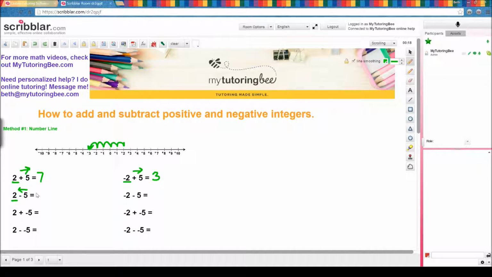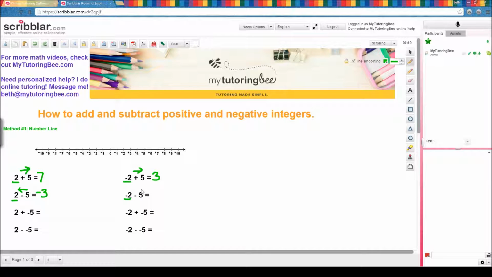And normally I tell my students you can't subtract a larger number from a smaller number, but when they're starting to learn about positive and negative integers, you can see how it crosses over that 0 on the number line. Okay, so let's move on to the next one.